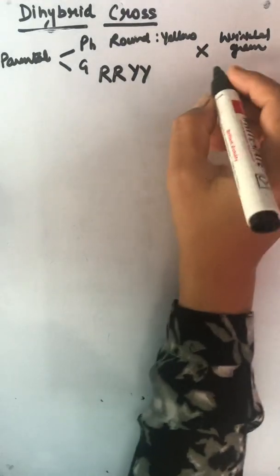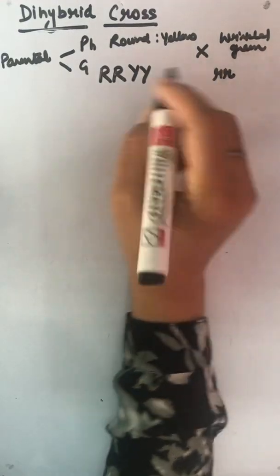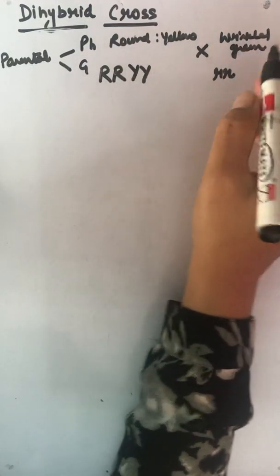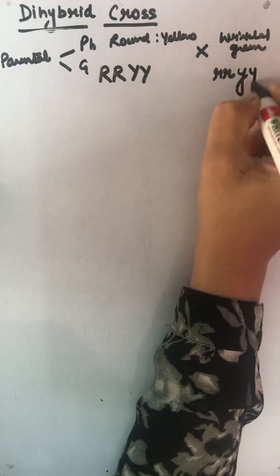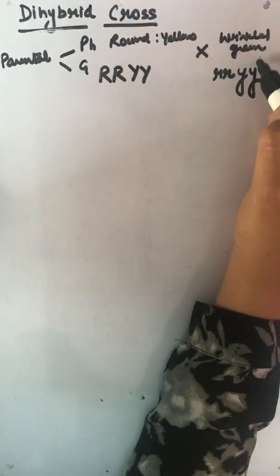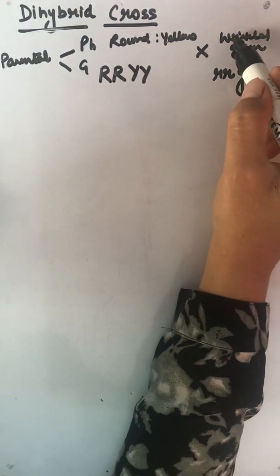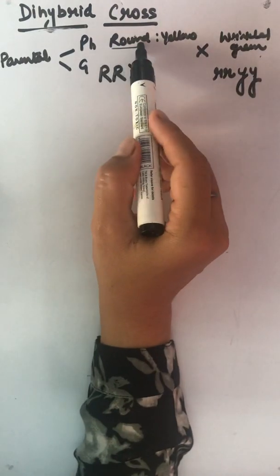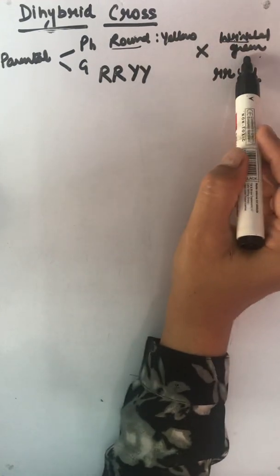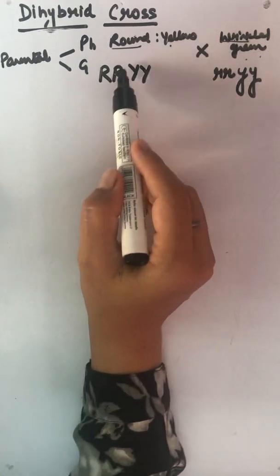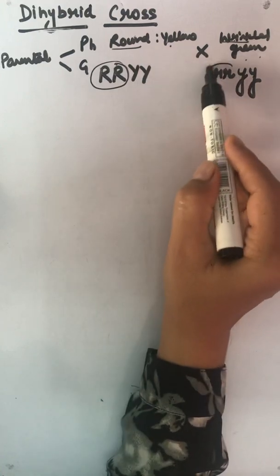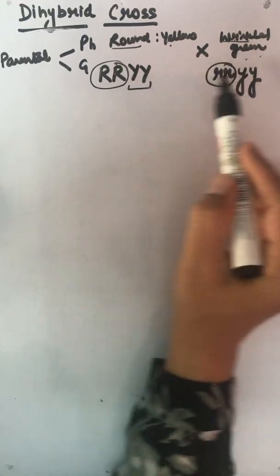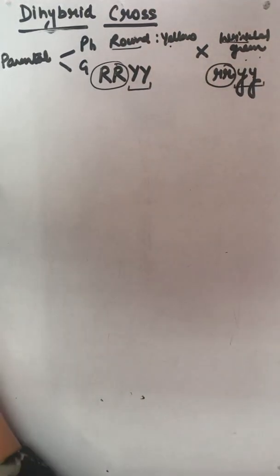So for round and yellow, we are choosing both the capitals. For wrinkled green, it is small r in reference to round and small y in reference to yellow, which symbolizes the green color. Wrinkled is automatically in contrast with round and green in contrast with yellow. So round, wrinkled, yellow, green.